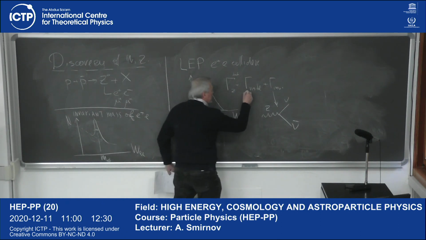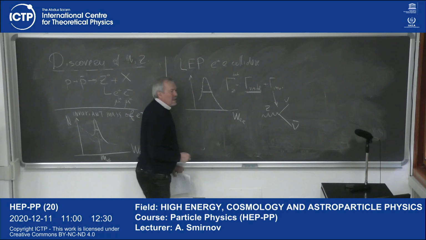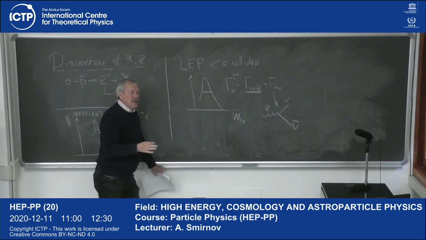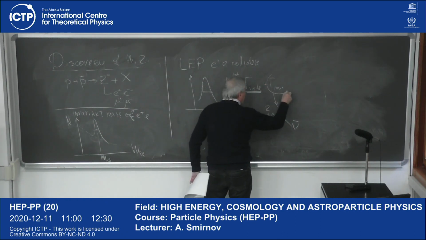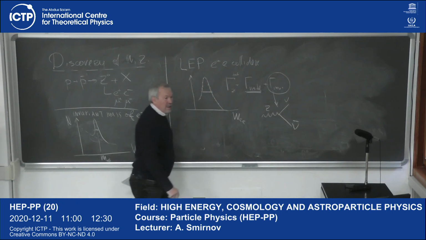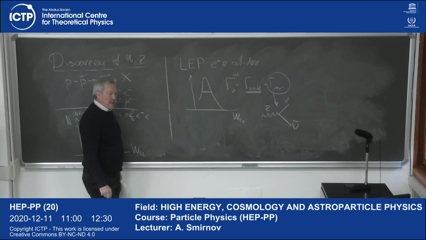Now you can determine this by just counting, making a computation essentially. You can measure the rates of particular decays, and then subtract from the total rate, and you can find out what this invisible decay rate due to neutrinos is.